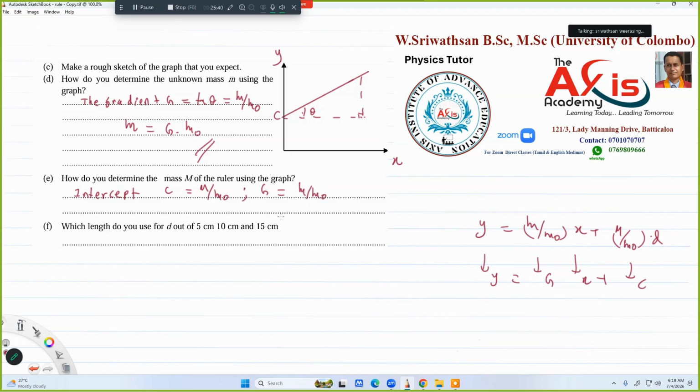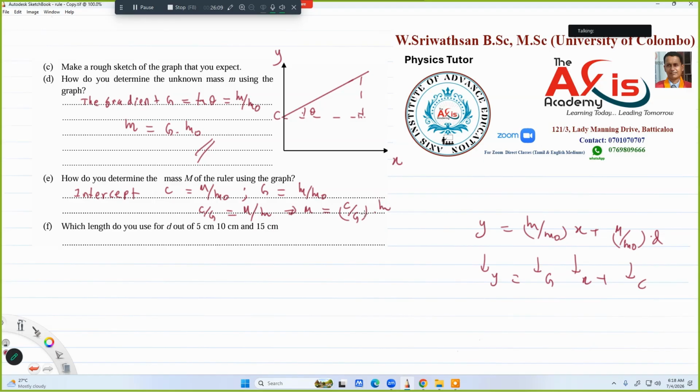So if we divide C by G, it will be capital M over small m. Small m is actually the known mass. Sorry, unknown mass. Unknown mass is already known. So we can find the capital M. How can we find capital M? Intercept over gradient into small m.